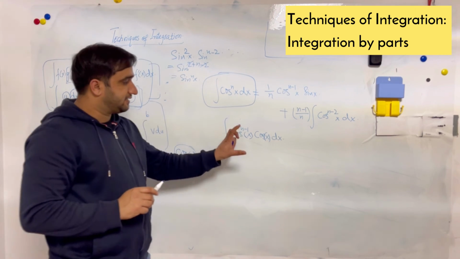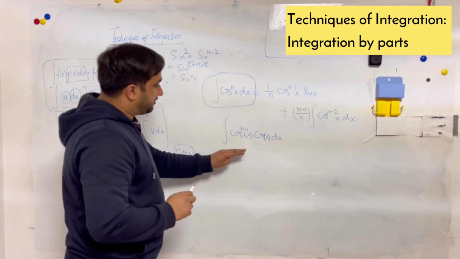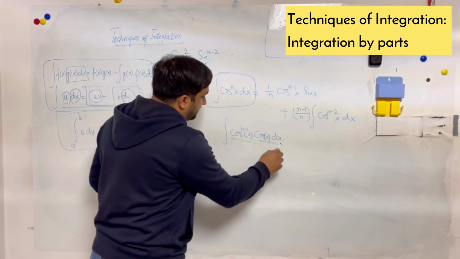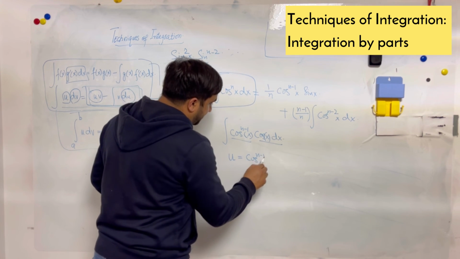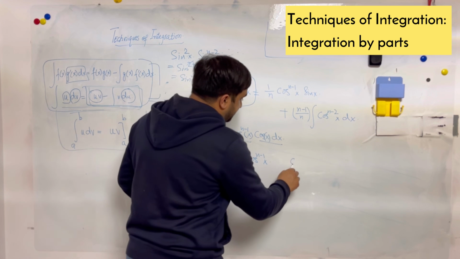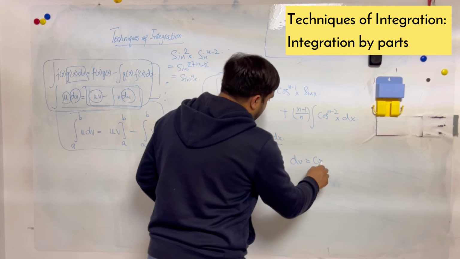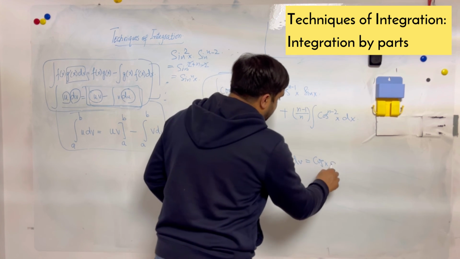They are not the simple x, so don't confuse yourself to multiply with x. Now you have two factors. Assume u is equal to cos raised to the power n minus 1 x and dv is equal to cos x dx.